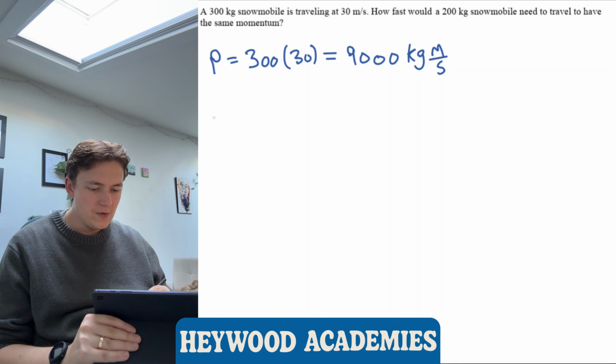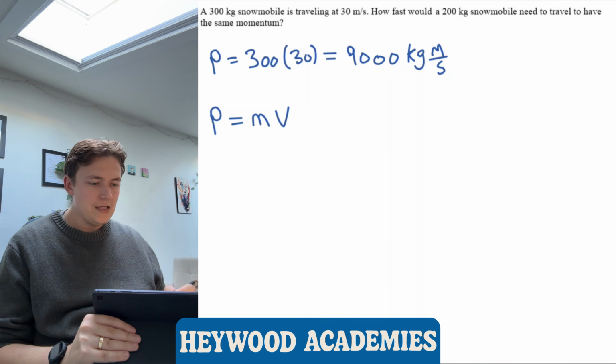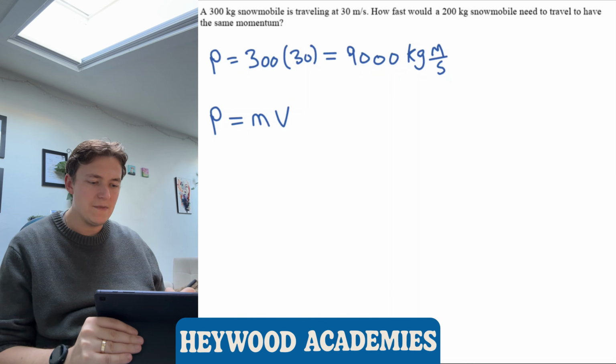Now for the lighter snowmobile, its momentum is going to equal its own mass times its velocity. Its velocity is what we're trying to solve for in this case, so we've got to divide both sides by the mass here.